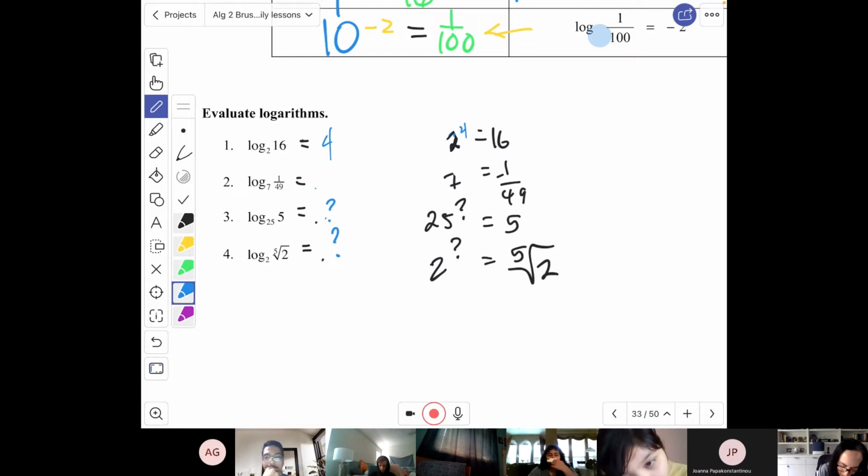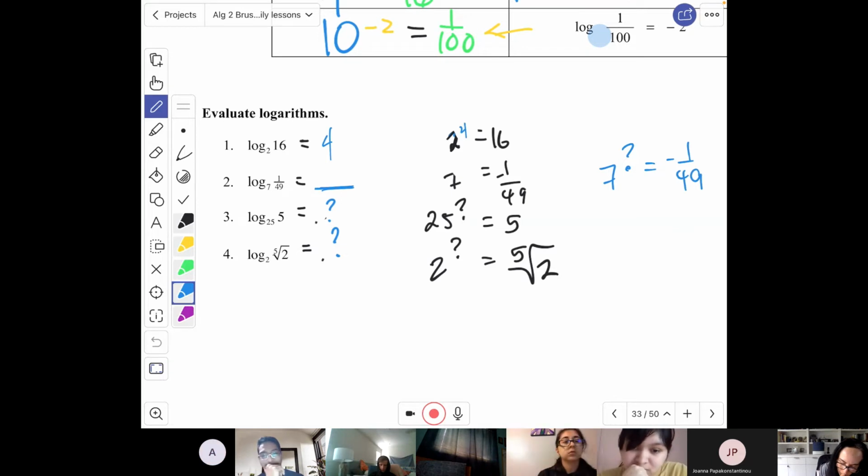What's the exponent that goes here? 1 over 7, is that how you say it? The fraction? 7 to what power gives me 1 over 49? Oh, 7 to the 1 over 7, I think that's the same. No, that's not it. Because if this were 1 over 7, then that would be the 7th root of 7, which is not 1 over 49. Oh, okay.